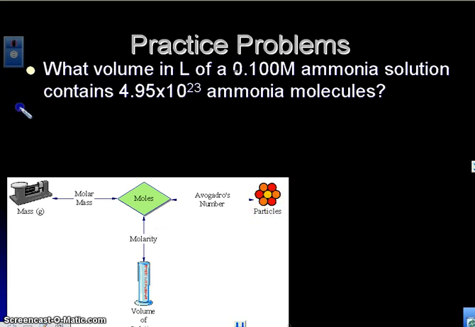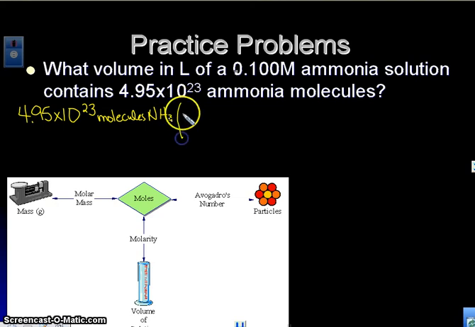So let's go ahead and set that up, starting with our particles. So we've got 4.95 times 10 to the 23rd ammonia molecules. Hopefully you remember that the formula for ammonia is NH3. And we want to go from particles to moles using Avogadro's number.